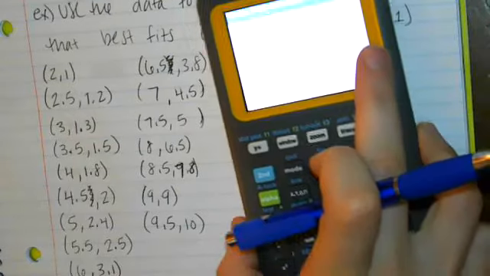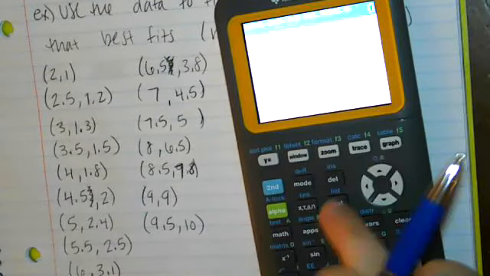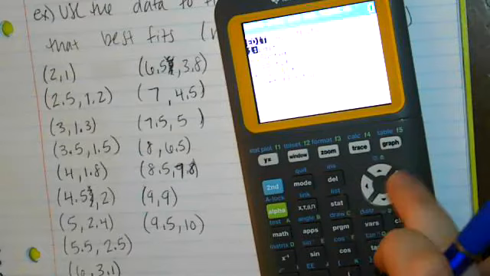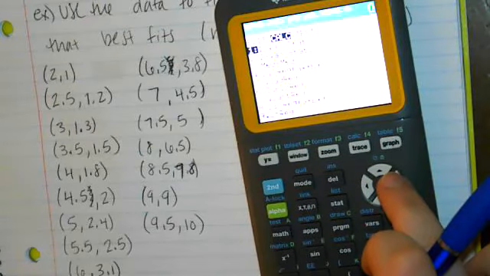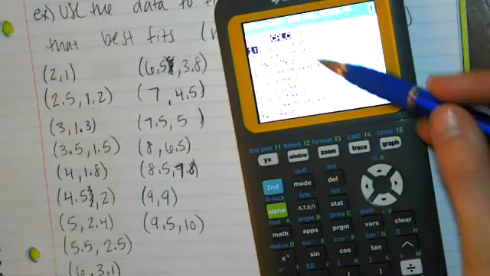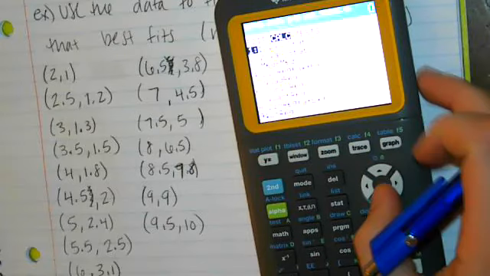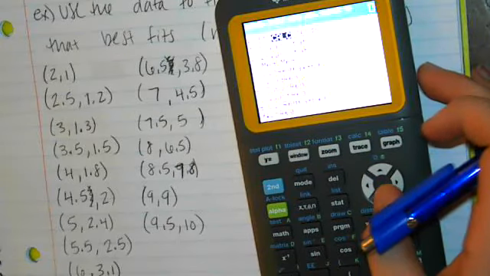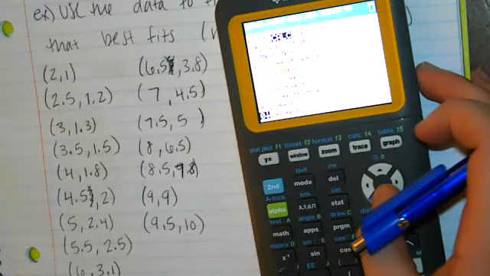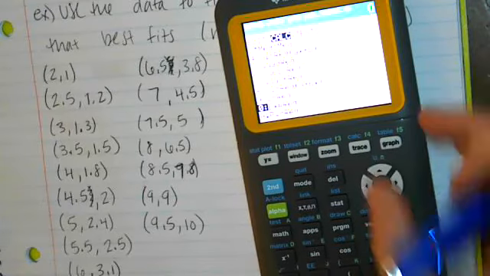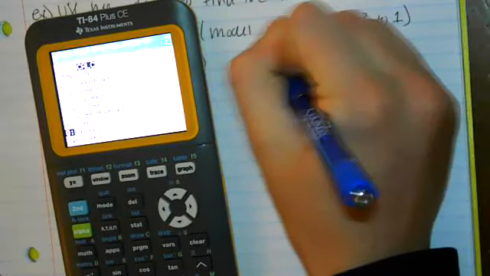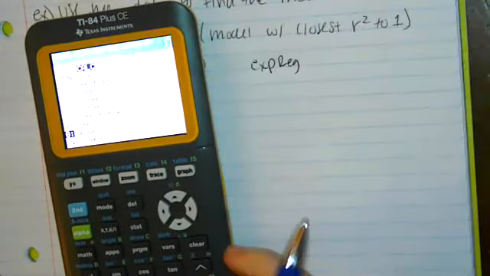The way that we test these or find the regression model that's possible is we go to stat and we arrow over to calc, and now we open up to all these different lists. So since we're going to be testing exponential first, you want to go down to what says EXP reg and hit enter.